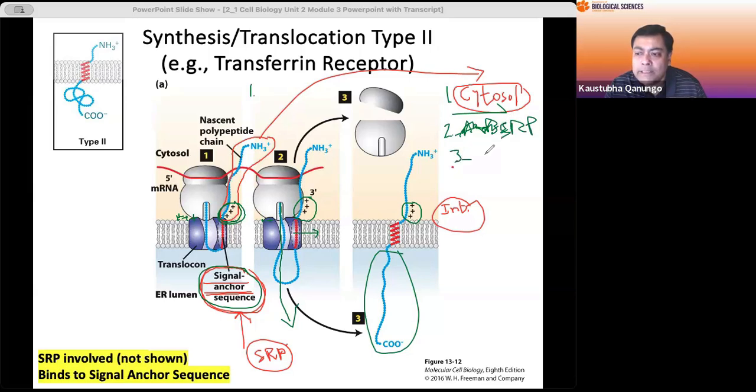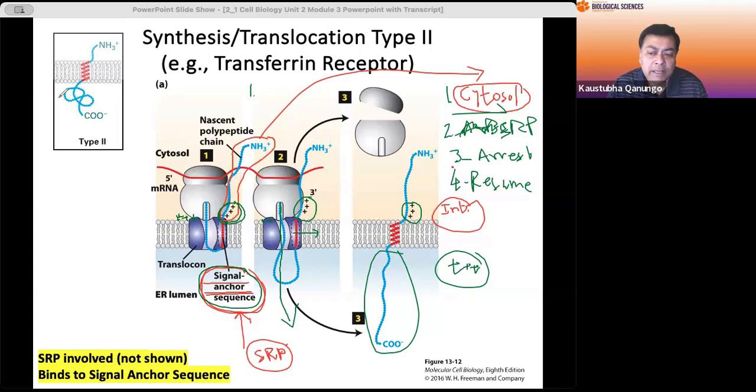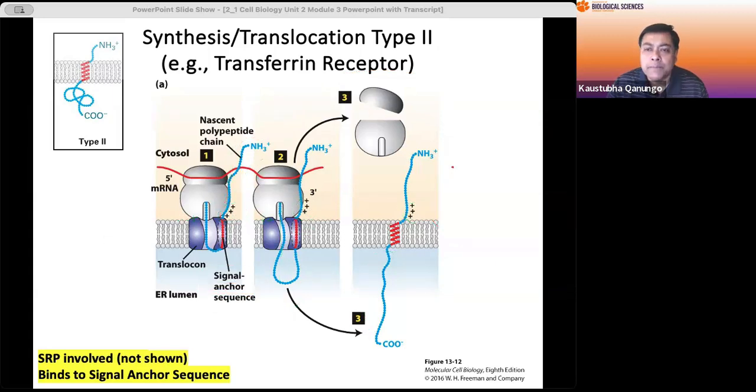And number three, the arrest helps the hydrophobic part to move through, and then translocation will resume. And remember that the plus charges don't allow this cytosolic part to fall through, due to repelling plus residues on the mouth of the translocon. So this is your type 2.